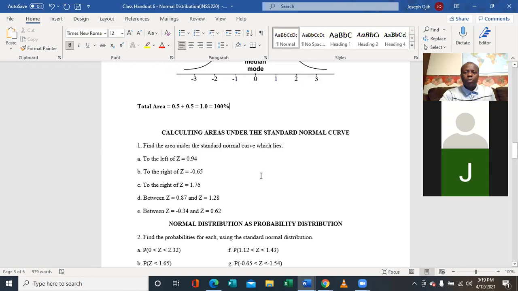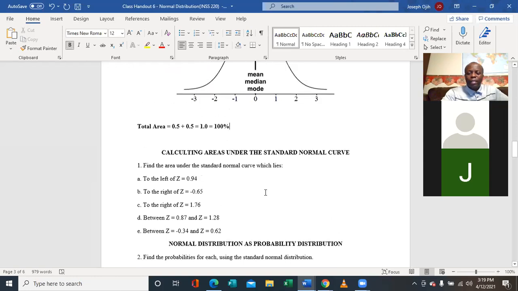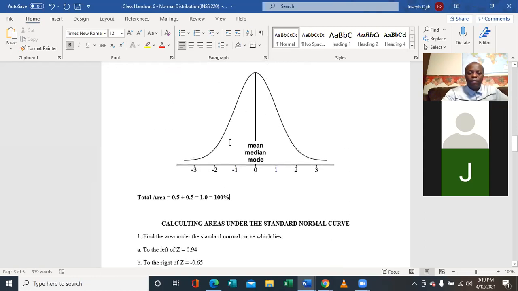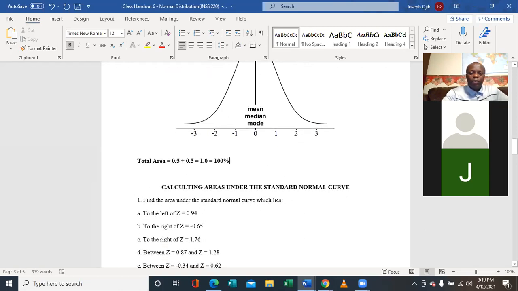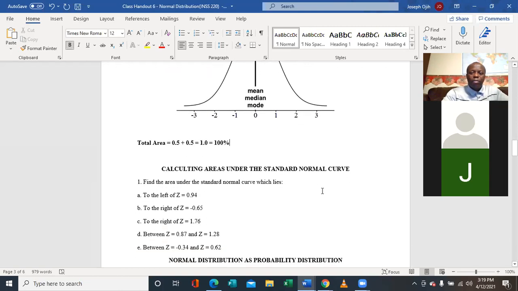The second step is to use the table that I showed you, located in the file section, to find the area, and then do the math. Remember that you have 0.5 on this side and 0.5 on that side. So let's see how to calculate this area under the standard normal curve.